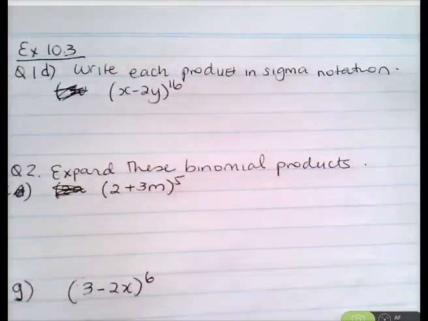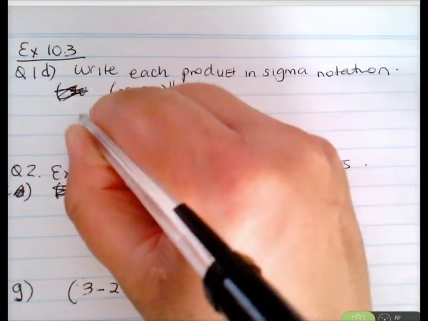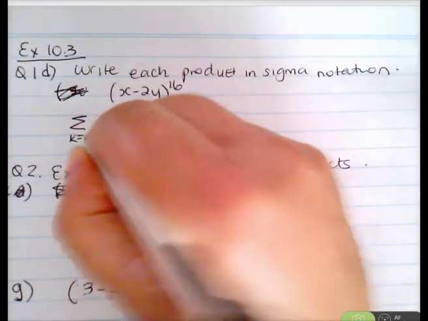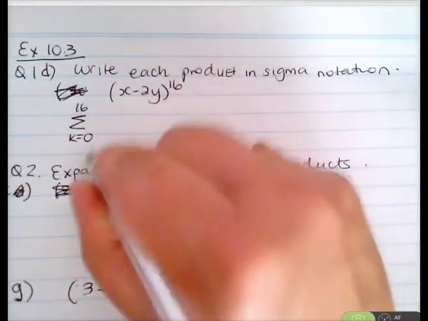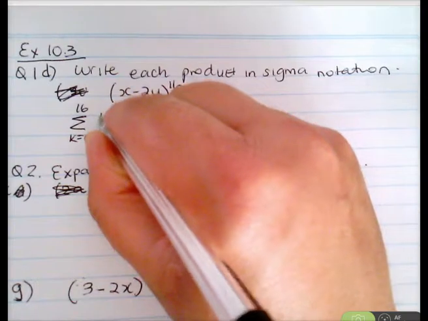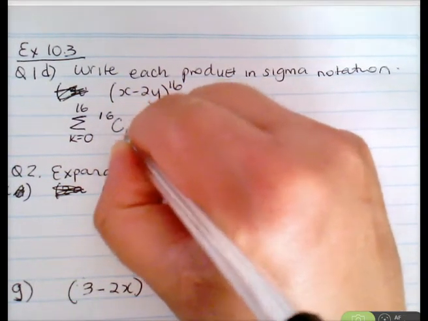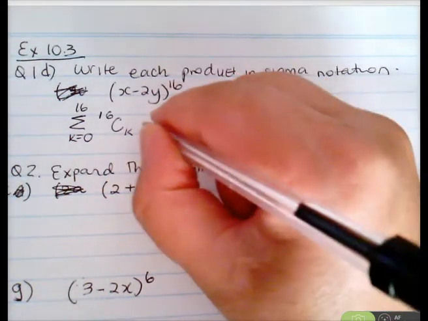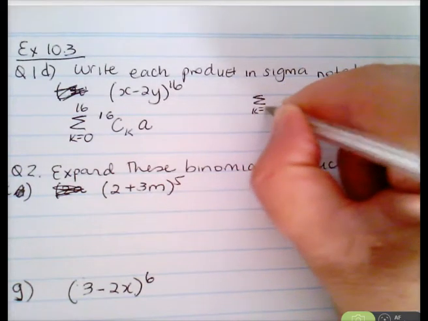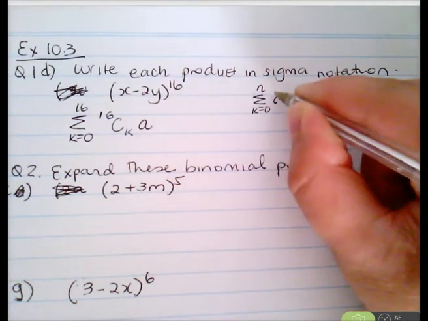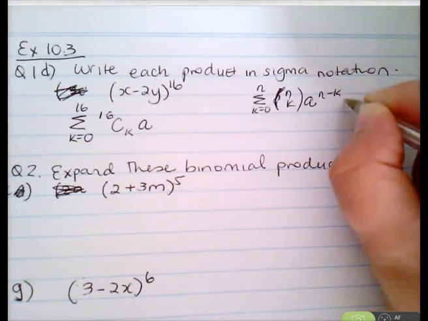Exercise 10.3, some examples. The first one is to write each product in sigma notation. So this is the sum from k = 0 up to 16, because we can clearly see here that n is 16. And then it would be 16 choose k, so I can either write 16Ck, or I can use the choose notation. Remember, the general formula is the sum from k = 0 to n of n choose k, a to the n minus k, x to the k.